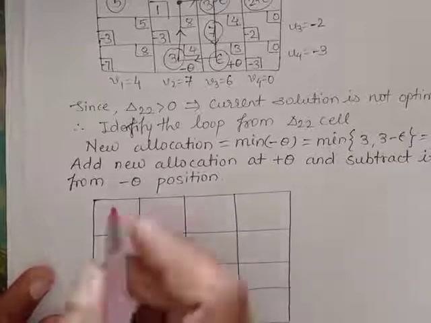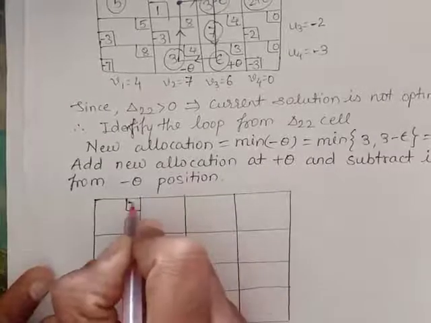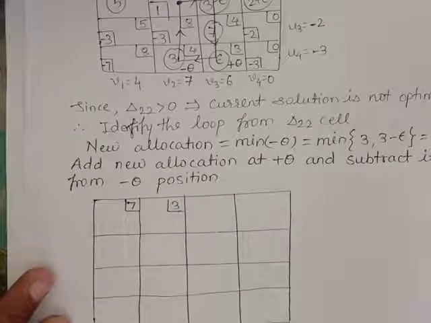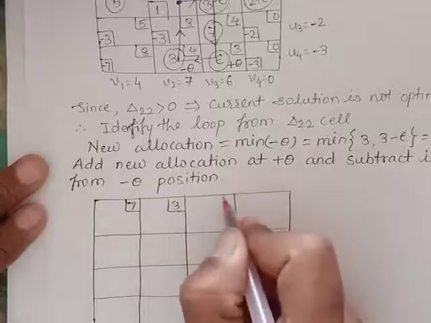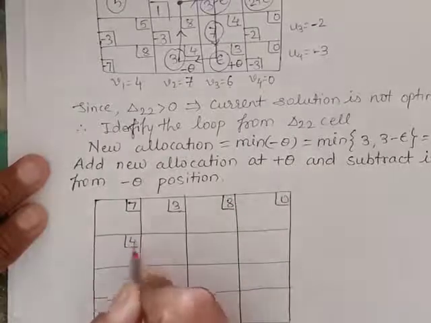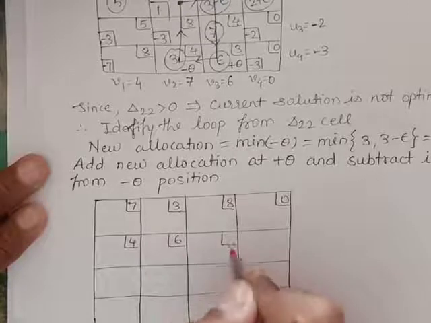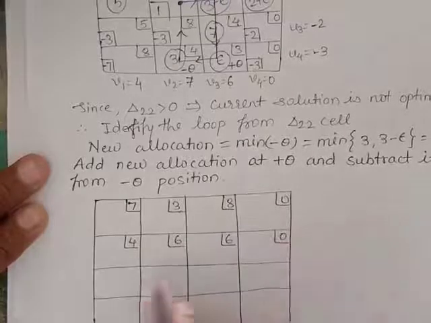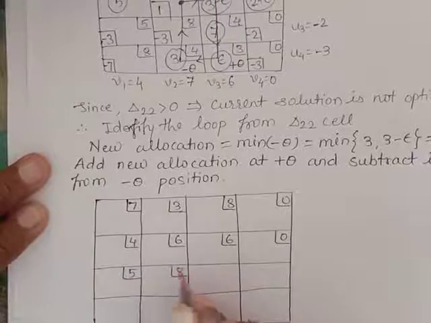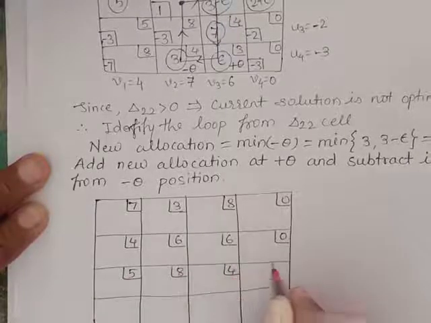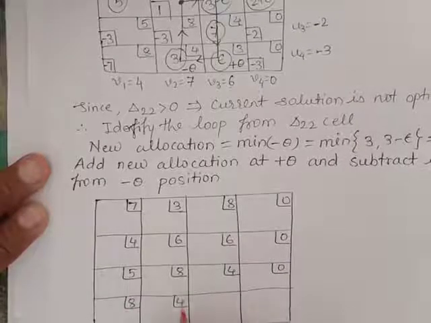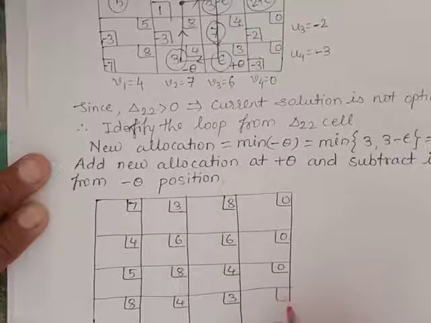So our new table, let me write the cost 7, 3, here 8, here 0, 4, 6, 0, here it is 5, 8, 4, 0, 8, 4, 3, 0.